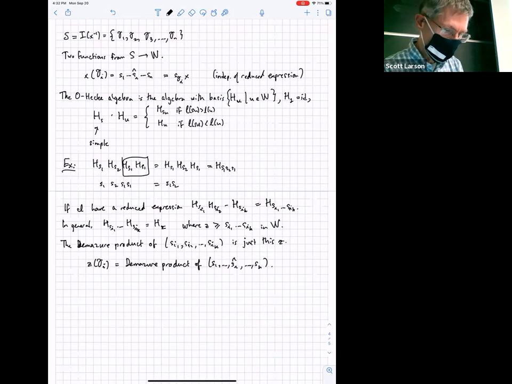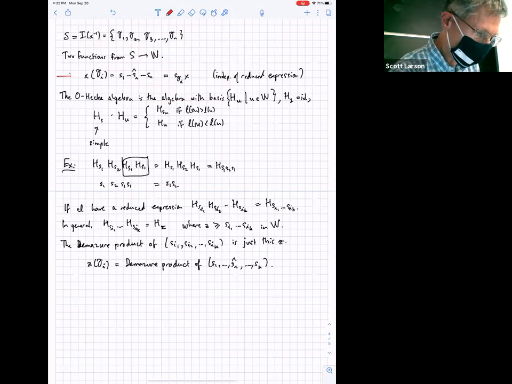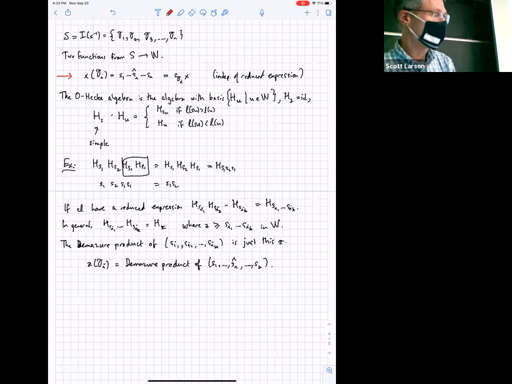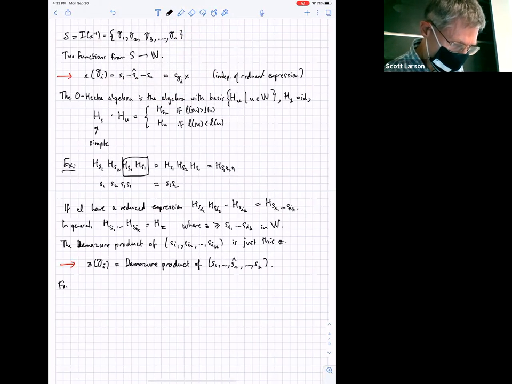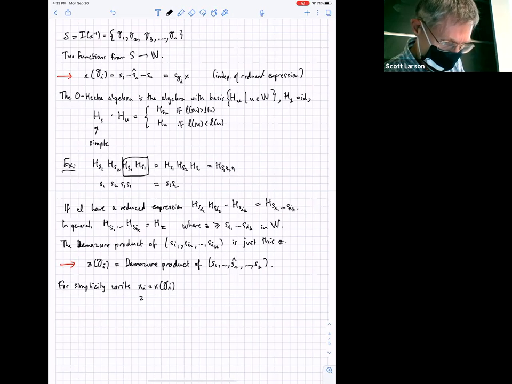Again, the x's here are the usual product of the reflections, and these z's are the Demazure product. And then just for simplicity, we write xi equals x of gamma i, and zi equals z of gamma i.